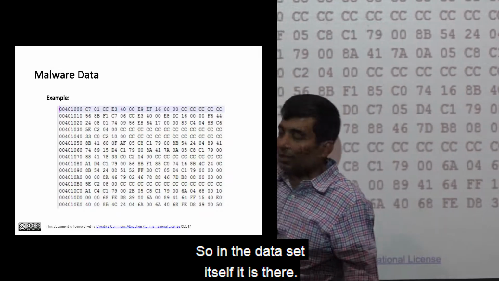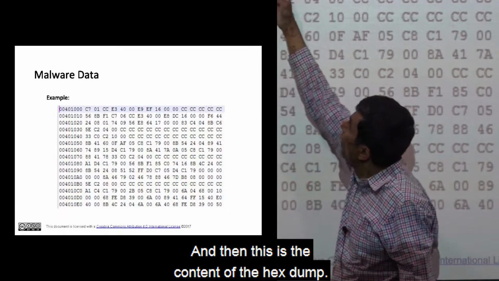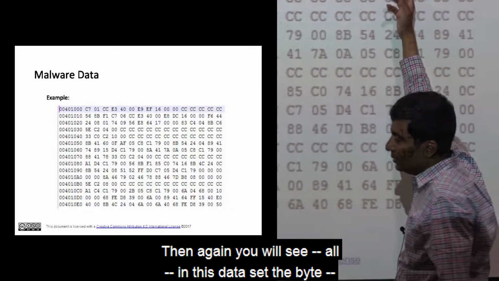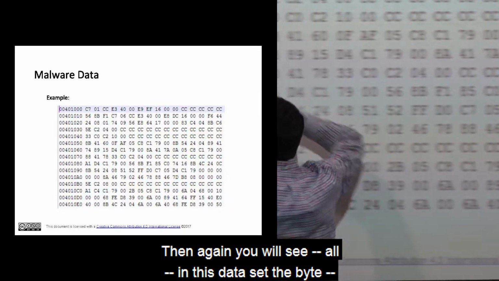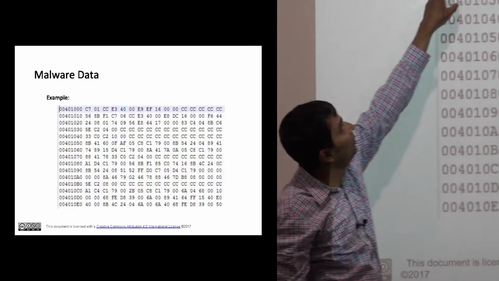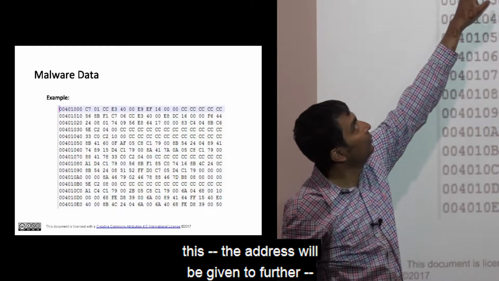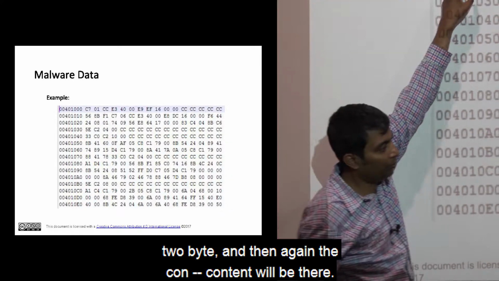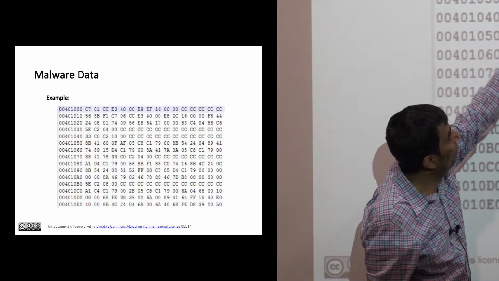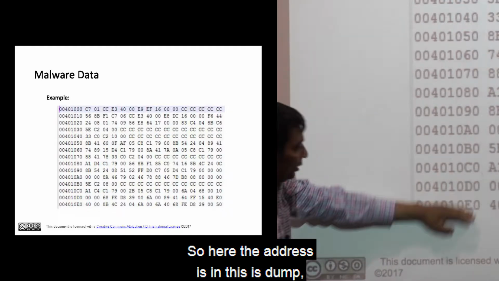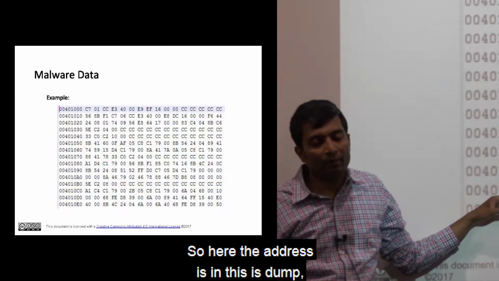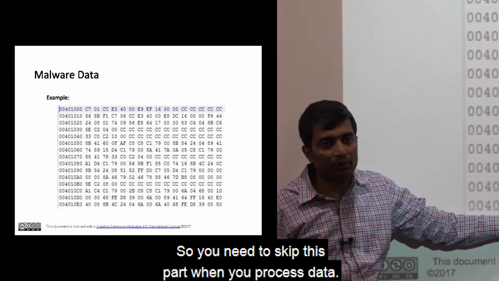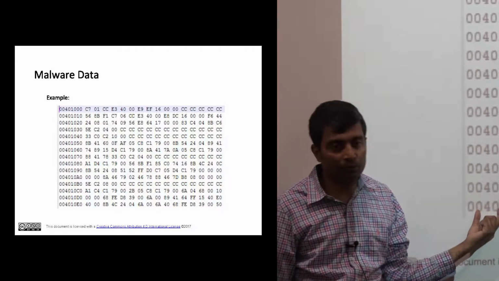In the data set itself, it is there, and then this is the content of the hex dump. Then again you will see the address given in the first bytes, and then again the content. So in this dump you will see the address plus the content. You need to skip the address part when you process the data.